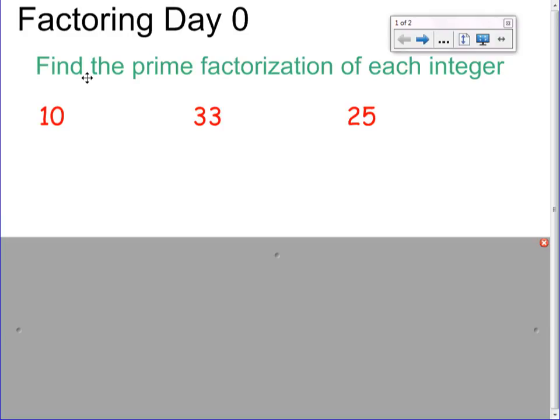But just to kind of jog your memory here, when I'm talking about factor trees, I'm talking about what numbers multiply to be that number 10. Okay, so 2 times 5. So you would write your answer like this. Okay, 33, 3 and 11, sorry.